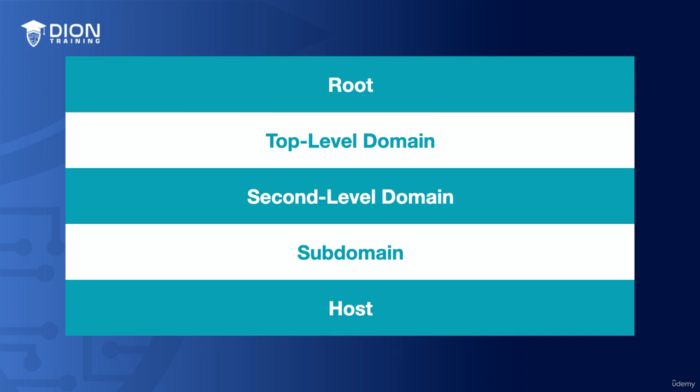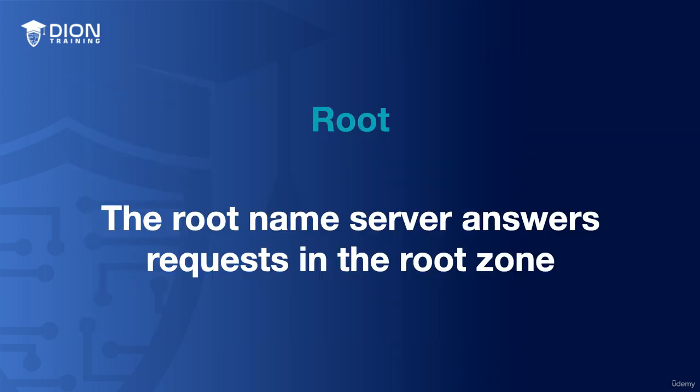Now, DNS is set up as a hierarchy. This occurs at 5 levels: root level, top-level domain, second-level domains, subdomains, and the host. The root level is the highest level in the DNS hierarchy tree, and the root name server answers questions in the root zone.